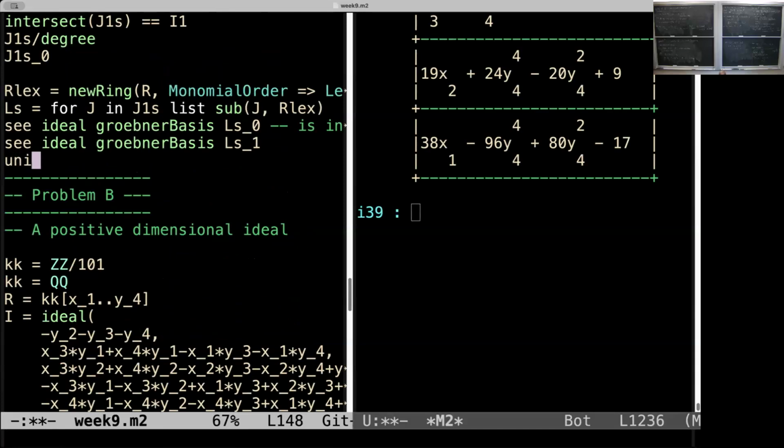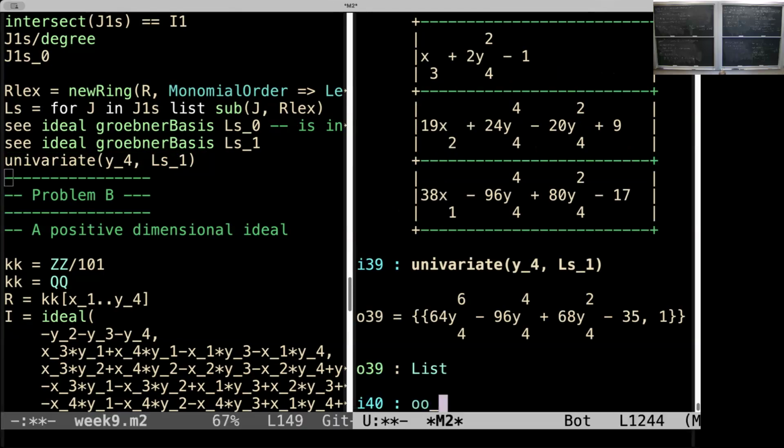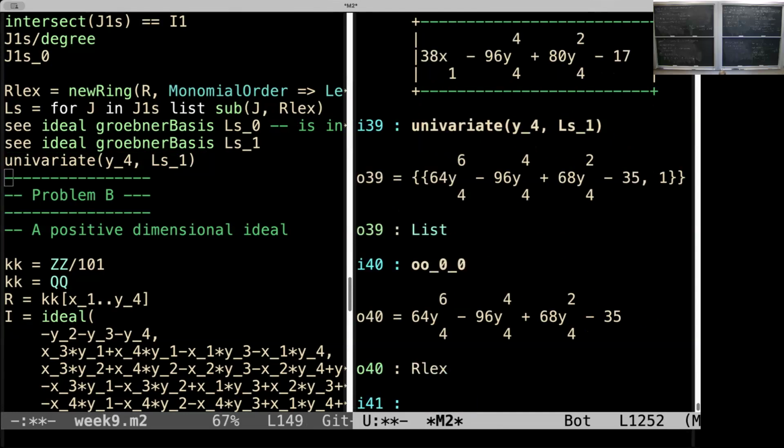So I'm going to do univariate in Y sub 4 of LS_1. And there's my polynomial. I think it actually factored. I'm a little surprised at it. So that's the polynomial.